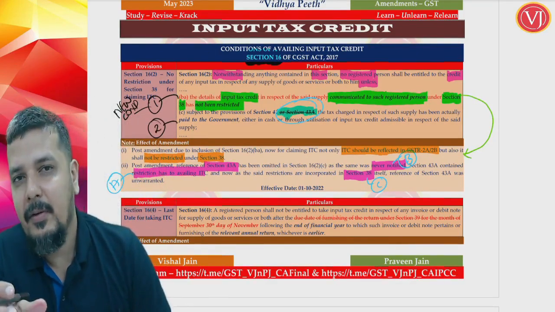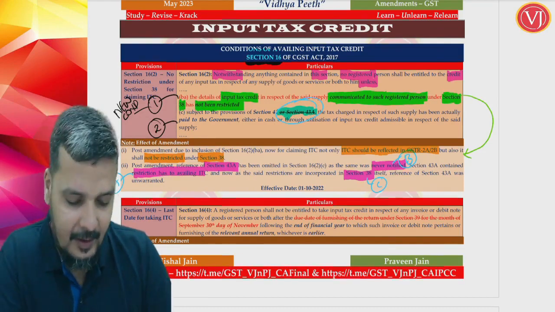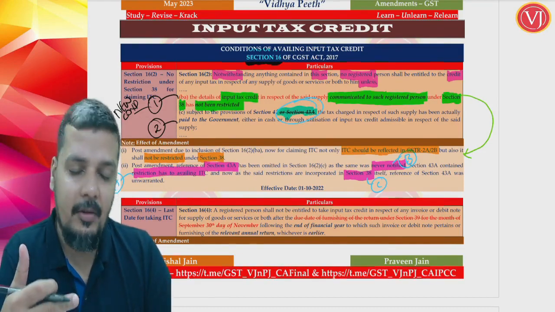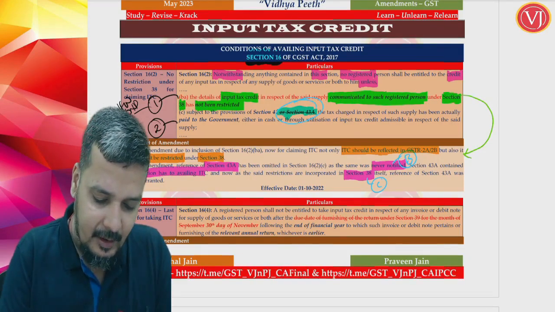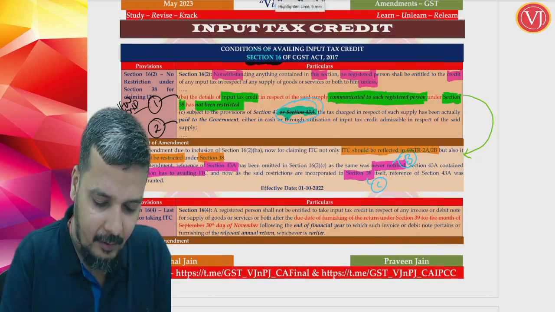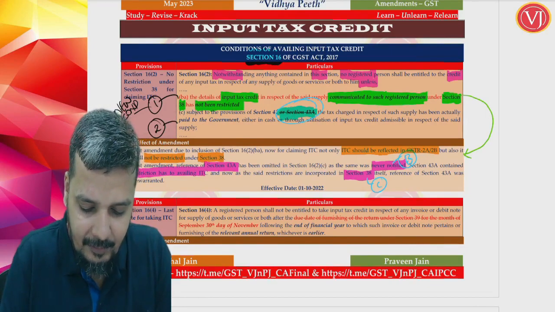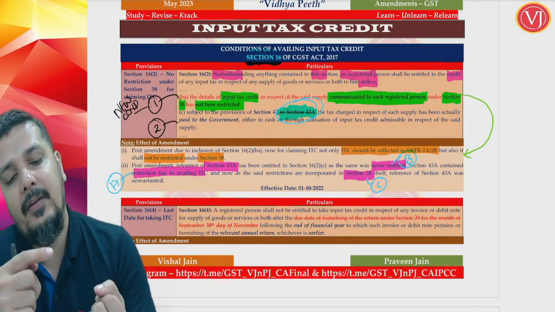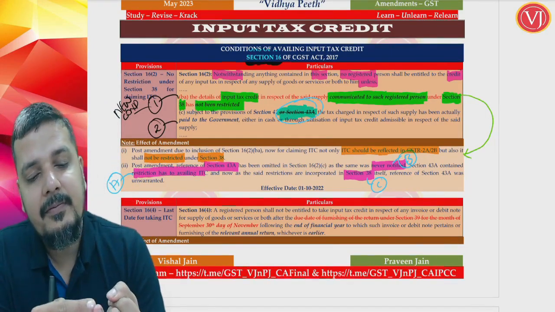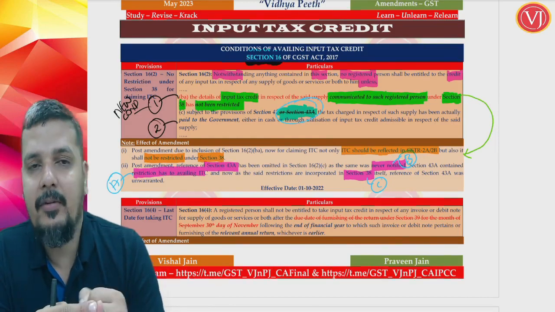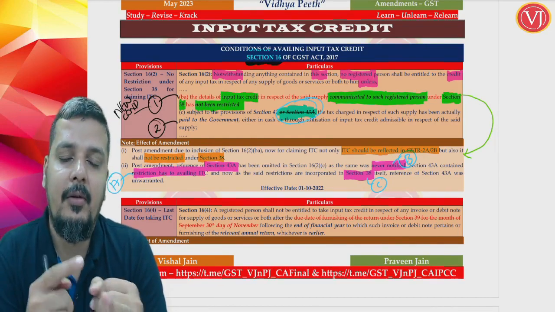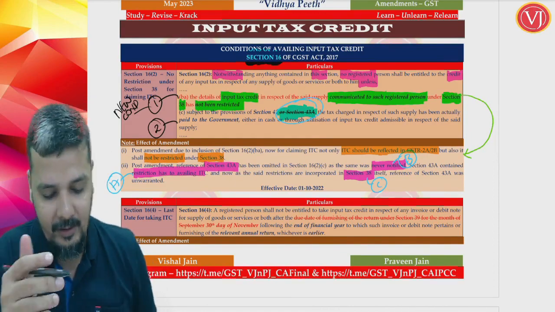There was a reference to section 43A in section 16 subsection 2 clause C. Now that reference to section 43A is not at all relevant because section 43A was never ever notified. Plus, it was talking about restriction on input tax credit, and these points are well within section 38.